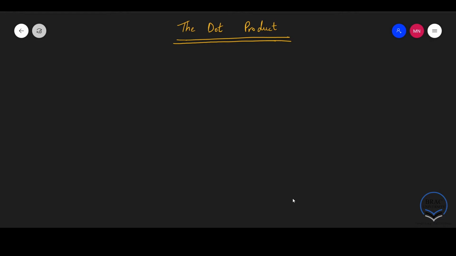Let's say that we have two vectors, v and w. The components of v are v1, v2, and for w we have w1 and w2. If I take the dot product of these two vectors, we can show that as v dot w.